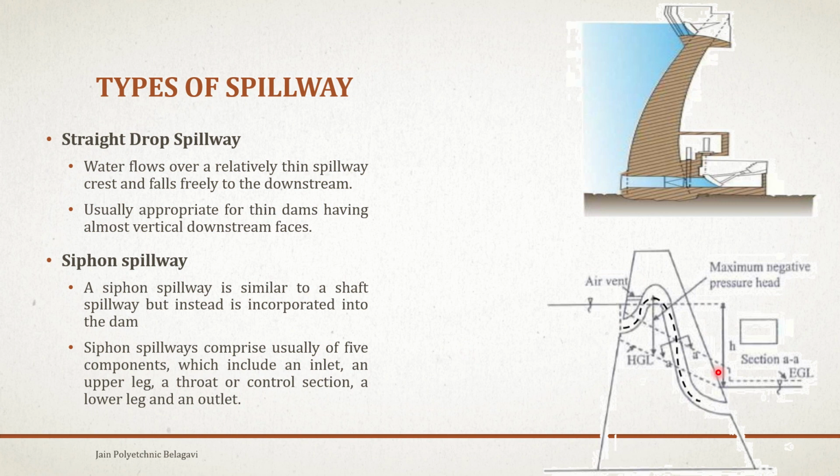So this is a type of siphon spillway, and from this portion it starts flowing. It is just like a siphon and it starts flowing downwards, and HGL is the hydraulic gradient level.